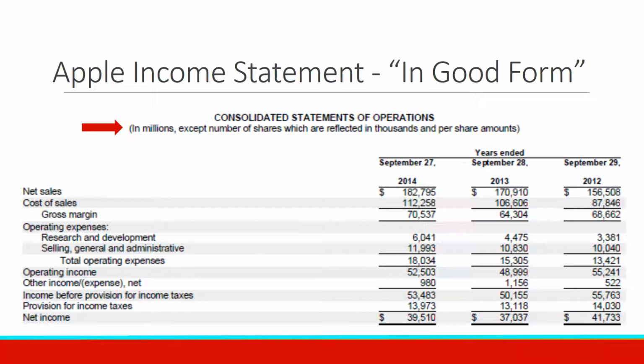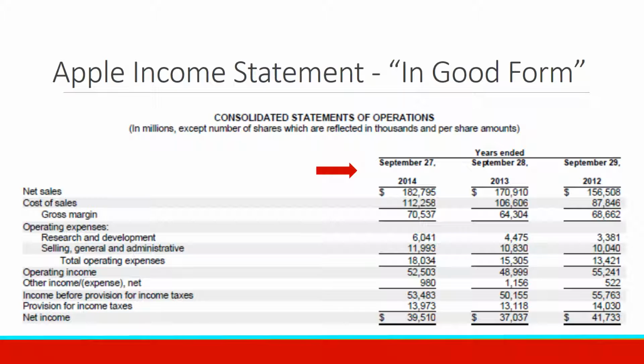So I want to move now to looking at the layout of a good-form income statement. In this example, we're looking at Apple Inc. You would have the name of the firm, Apple Inc., and then you would also have the name of the schedule. In this case, it's an income statement, and the title they've given it is Consolidated Statements of Operations.